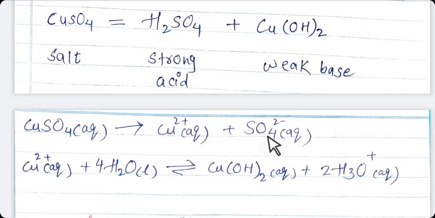The reaction of Cu2 plus and water produces unionized Cu(OH)2, meaning copper hydroxide, plus hydronium ion. Hydronium ion is produced in excess quantity, resulting in the solution of copper sulfate becoming acidic and turning blue litmus red.